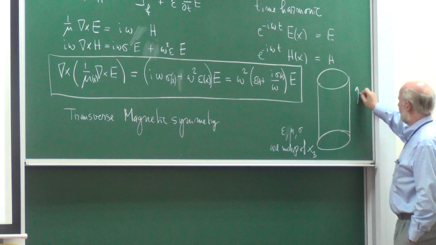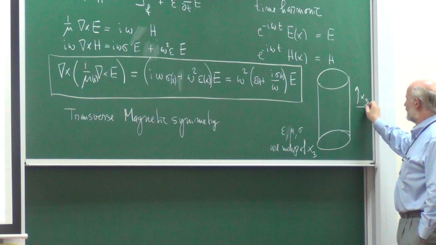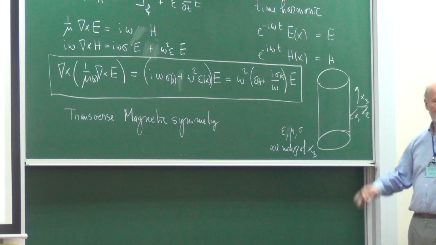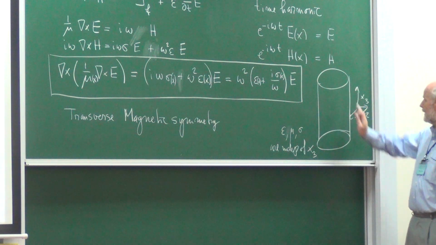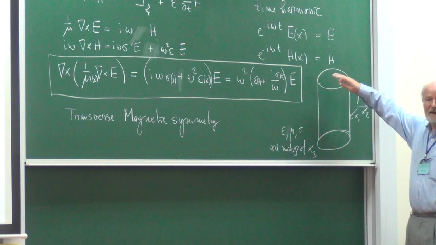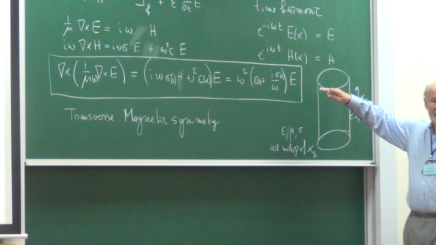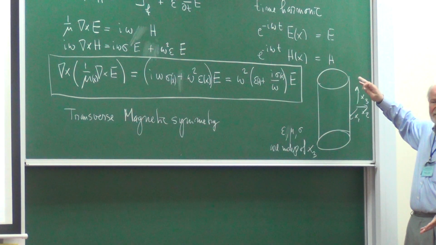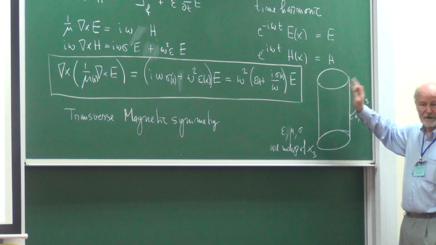So this is the direction x3, and you have the directions x1, x2 here. Everything is independent of the third variable. The fields are independent of the third variable. So whatever boundary conditions you have, whatever things you have at infinity, are independent of the third variable.